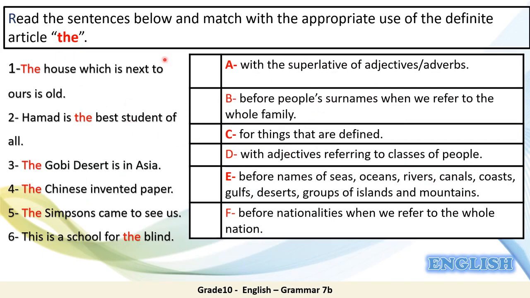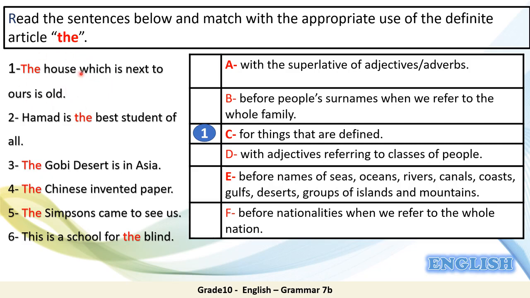I want you to pause the video for a while, read the sentence, and match it with the correct use of the. Let's take an example. Number 1. The house which is next to ours is old. So, what's the use of the here? That's correct. It is for things that are defined. It's knowing here which house I'm talking about.